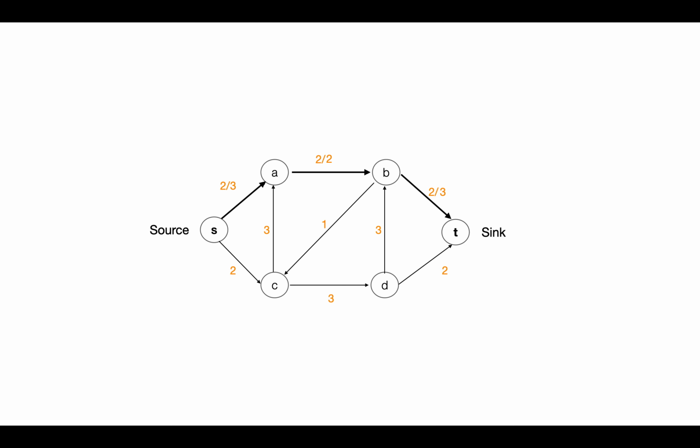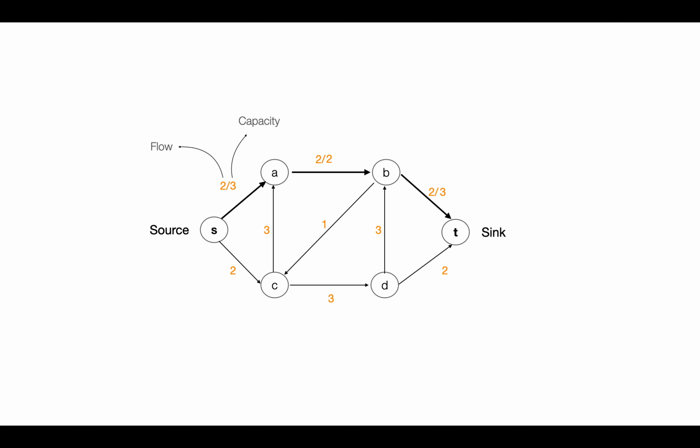So residual capacity for SA is 1, and for this edge AB is 0, as the current flow is 2 and the capacity of this edge AB is also 2. And now this edge BT, the capacity is 3 and the flow is 2, so it can allow 1 more unit of water through it. So this was one path.